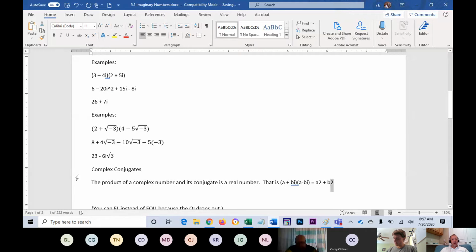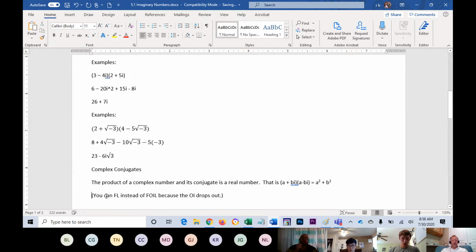And I'm going to fix my thing here. What I meant to say was you can FLA instead of FOIL because the OI drops out, because you're going to get a times bi, and then you're going to get negative bi times a, and so the inside and the outside drop out.